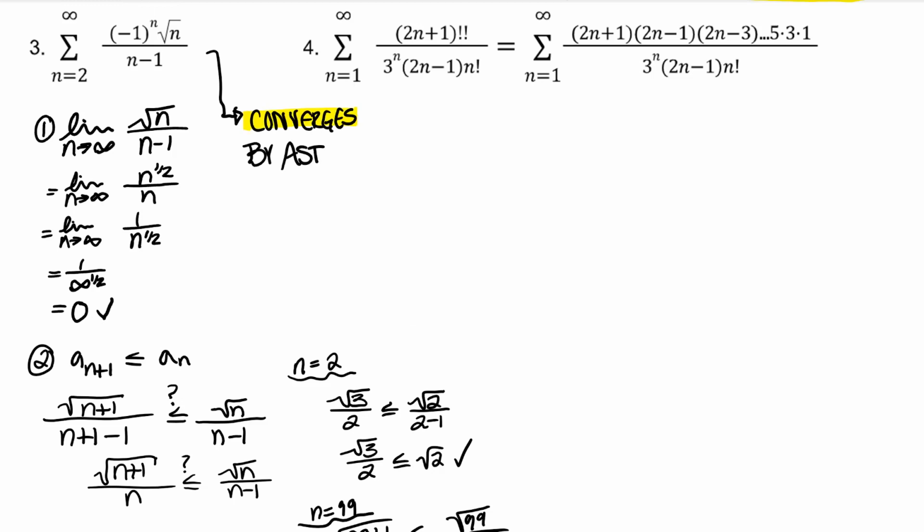But since we're learning the ratio test, what would happen if we tried the ratio test on this series?